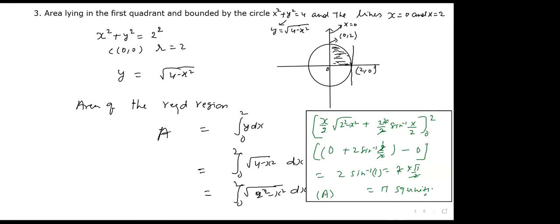Area of the region bounded by the curve y square equals to 4x and y equals to 3. I'll just make you understand how to do this question, but you need to do it at home.